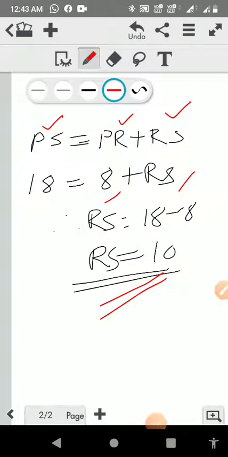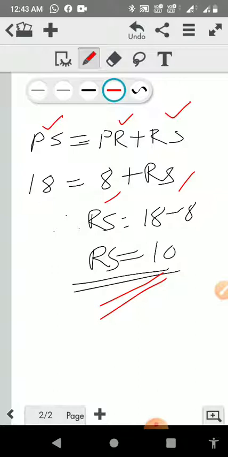As we already discussed, I am telling you again and again that the tangent secant segment theorem is the most important theorem. The first question is completely based on it, and I assure you each and every question from this practice set is very simple. We only have to use the theorem properly.